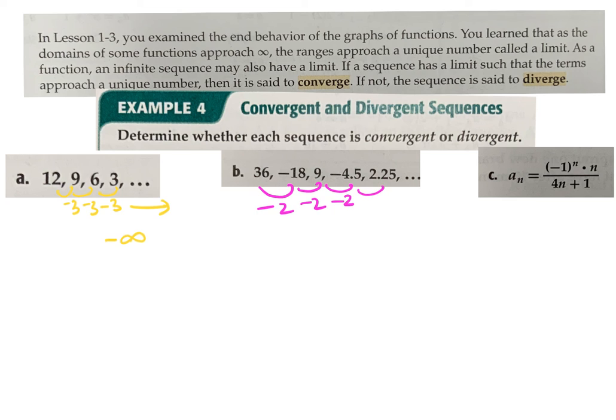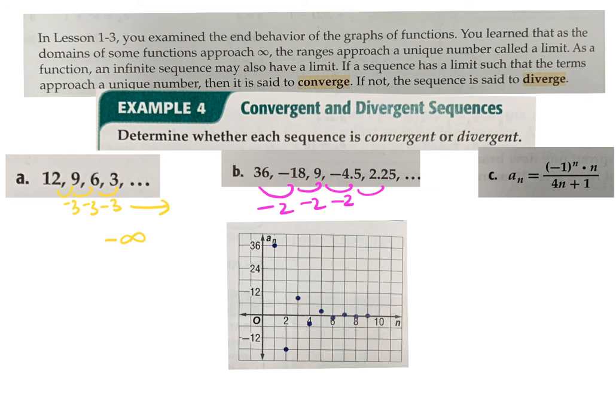If I were to keep going and dividing by -2, it would be going towards what? Look at the graph that they've given us. It's easy to see on the graph. All right, so if you look here, we started out at +36, then -18, and +9, then -4.5, right?